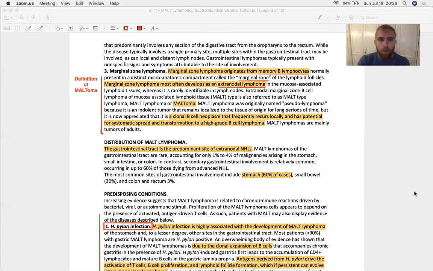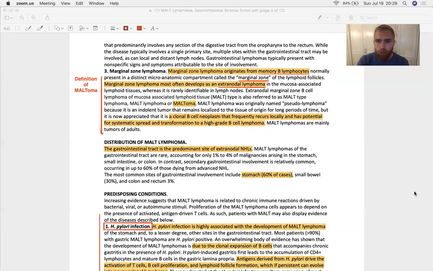MALTomas are marginal zone lymphomas, which means they have a B cell origin, specifically a memory B cell origin. And your memory B cells are the ones that hold on to specific antibodies for a very long time, just in case you encounter that one pathogen or antigen ever again. You can pull out that antibody and mount an immune response.